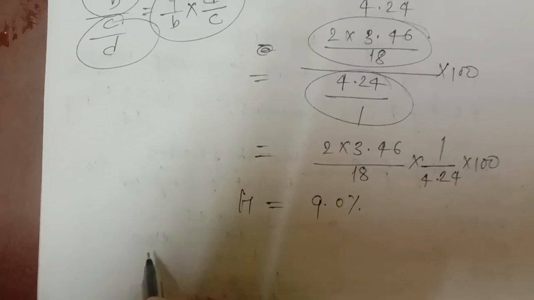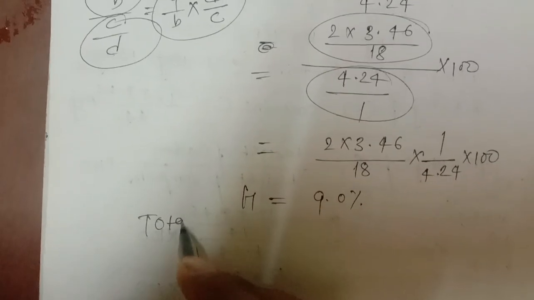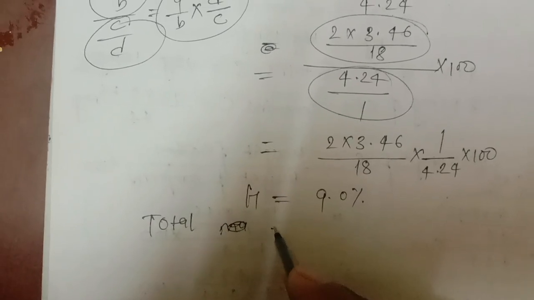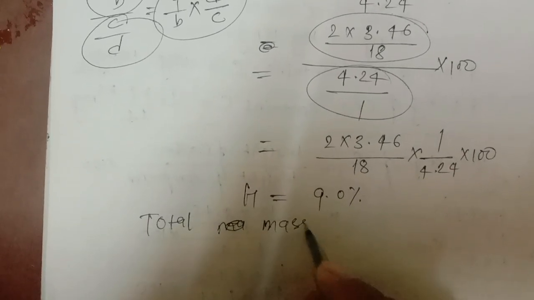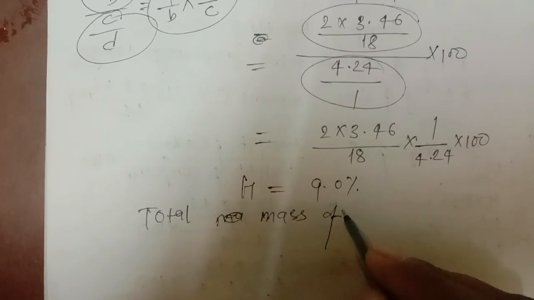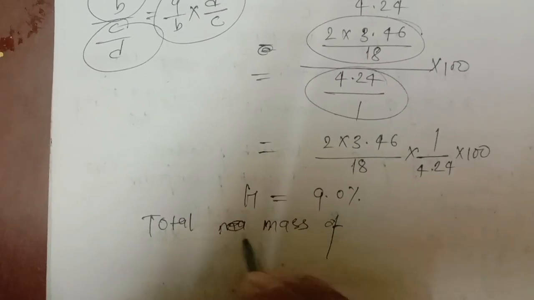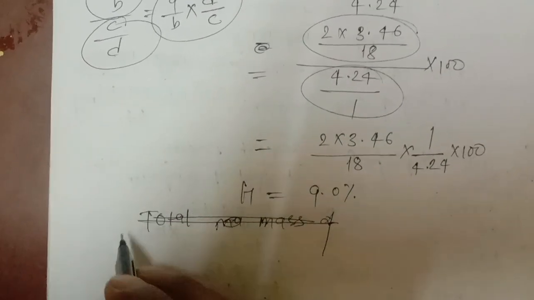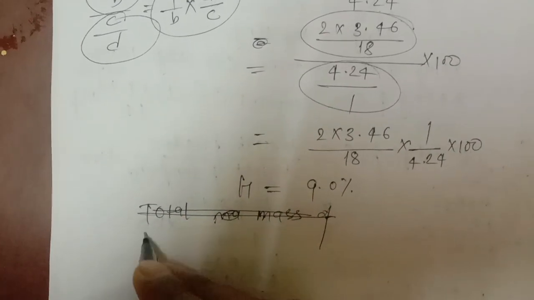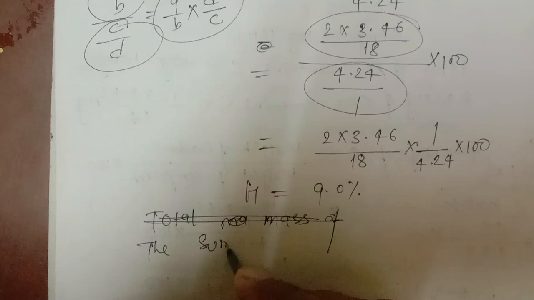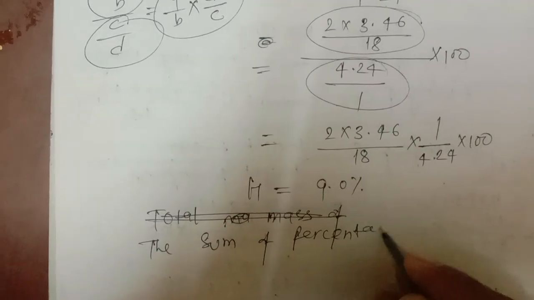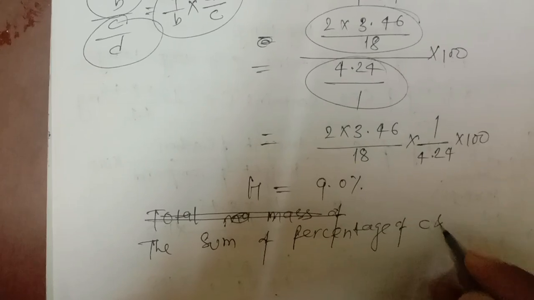Here we'll also calculate the mass of oxygen. First we will calculate the total, the sum of the percentage of carbon and hydrogen.